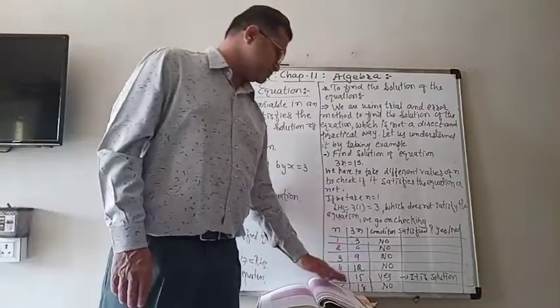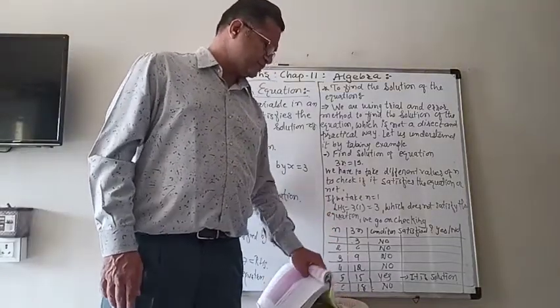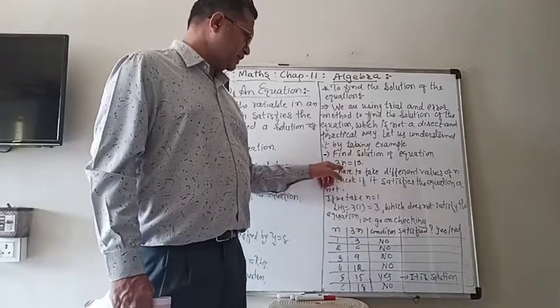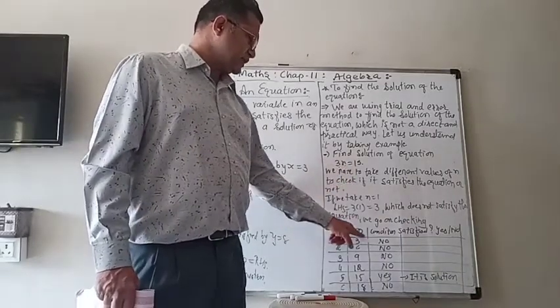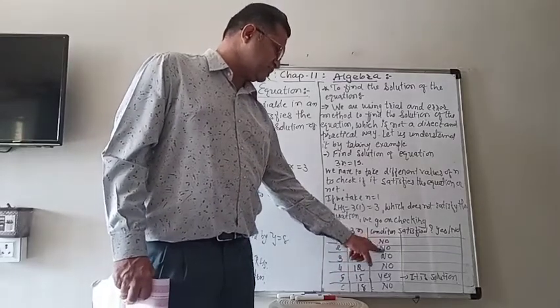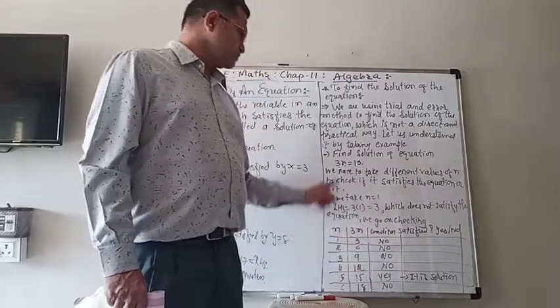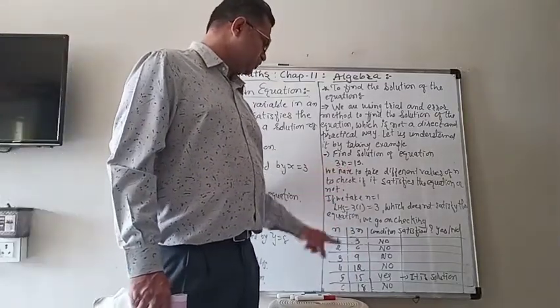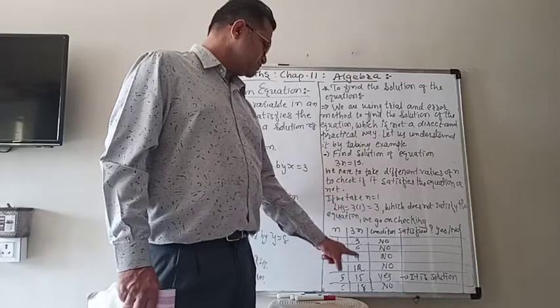So I made a table in which I take the value of n, then the expression 3n, then find the value, and whether it is satisfying the condition, yes or no. If I take n is equal to 1, 3 ones are 3. If n is equal to 2, 3 twos are 6.